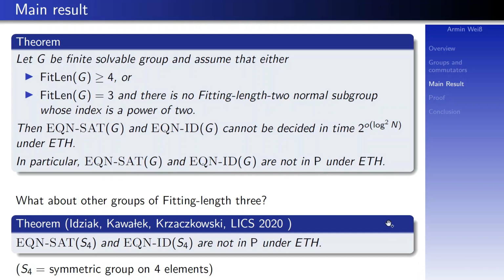A few days after submitting this paper to ICALP, another paper appeared, and here Idziak, Kawałek, and Krzaczkowski showed that equation SAT of S4 and equation identity of S4 are not in P. S4 is the symmetric group on 4 elements, and it has a Fitting length 2 normal subgroup of index 2. That's the A4. Of course, I also recommend you to watch this talk at LIX. So it goes also beyond groups to universal algebra.